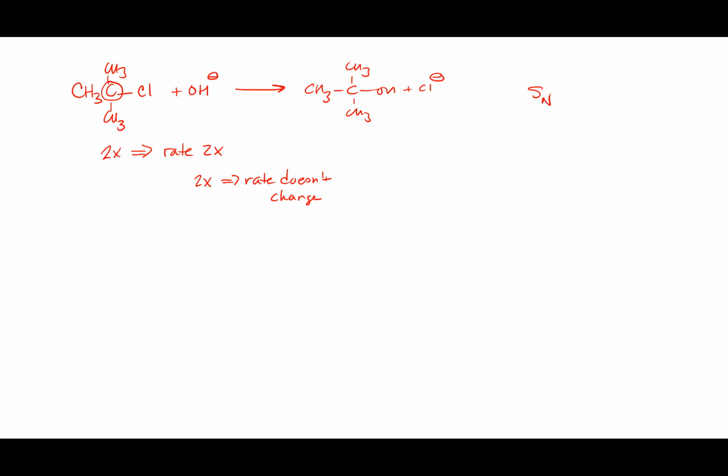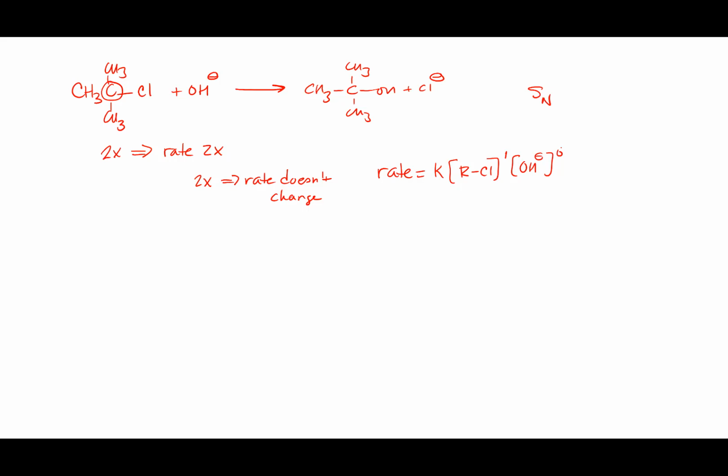So now we have to decide, okay, what's the rate equation for this reaction? And the rate equation is equal to the concentration of, I'm going to just abbreviate the chloride like that, RCl, to the first power, and the hydroxide to the zero power.